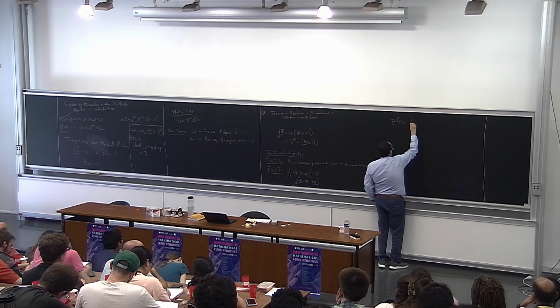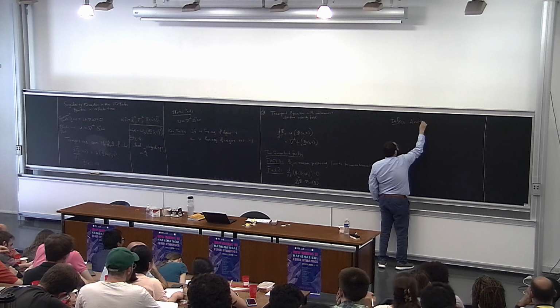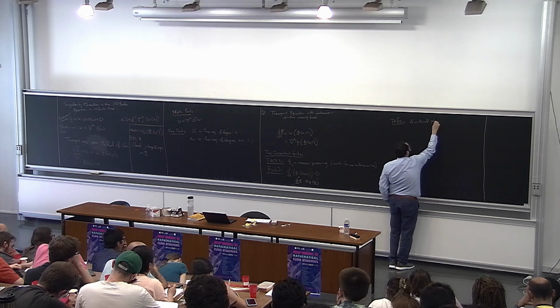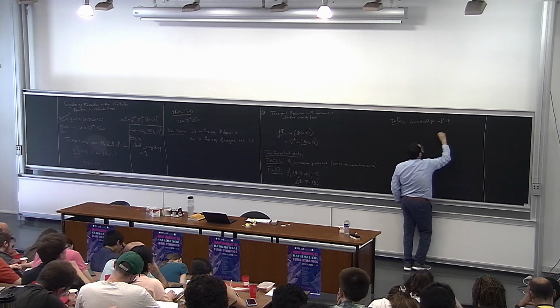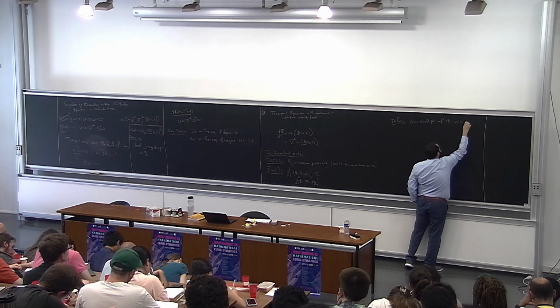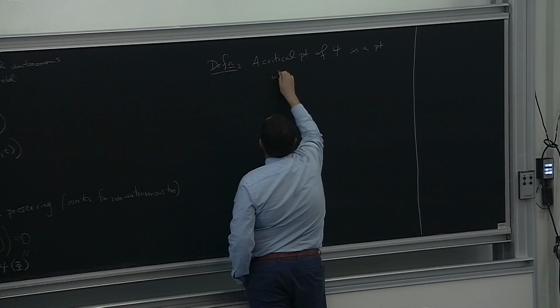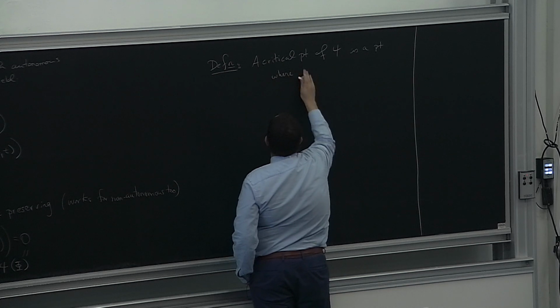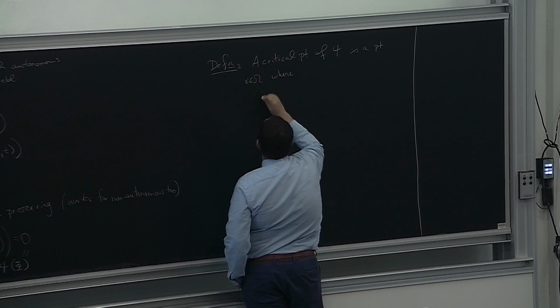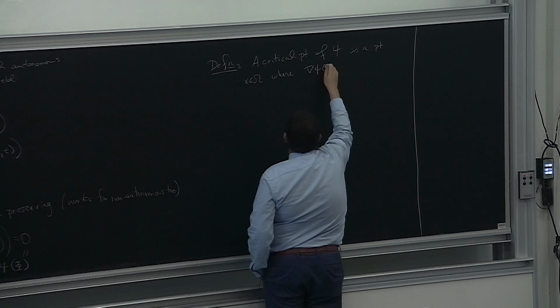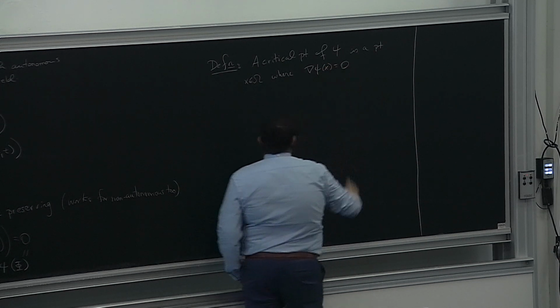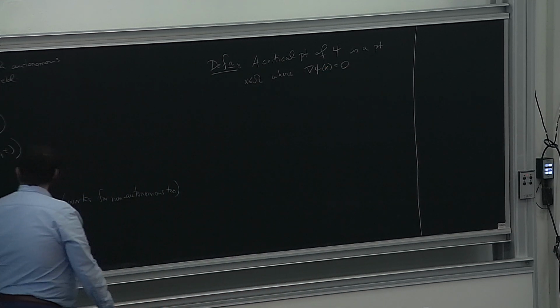So, a critical point is a point x in the domain where the gradient of psi is 0. So for the ODE, this is just a stationary point.